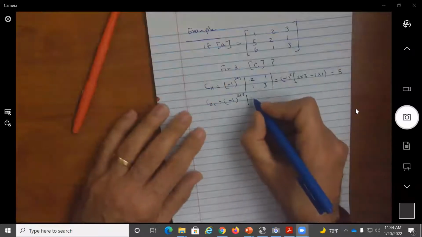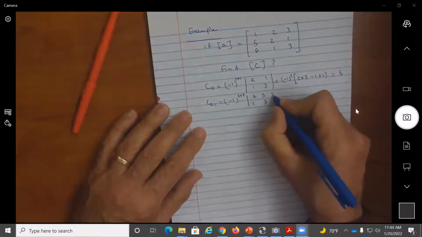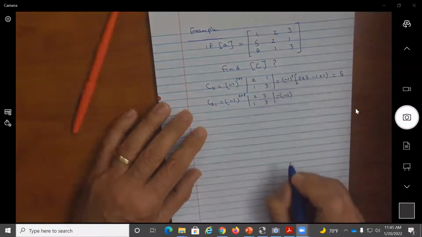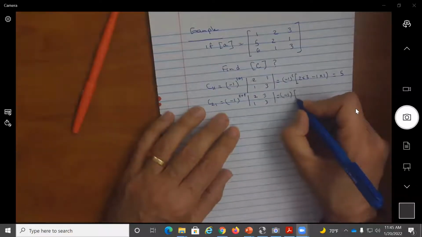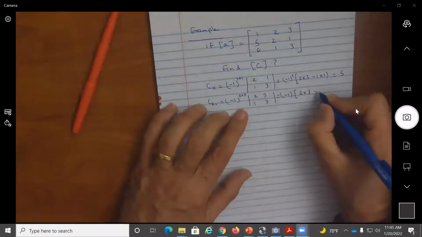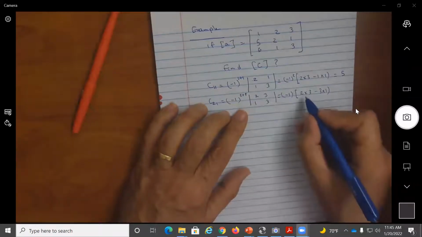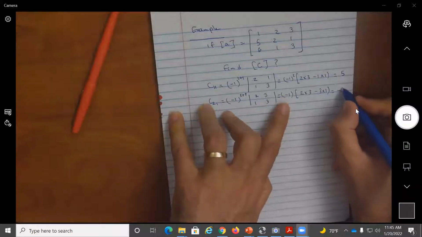So this is multiplied by the determinant of 2, 3, 1, 3. This is equal to minus 1 raised to the power 3, which is minus 1, multiplied by 2 times 3 minus 3 times 1. So I get 6 minus 3, times minus 1. So this is minus 3.